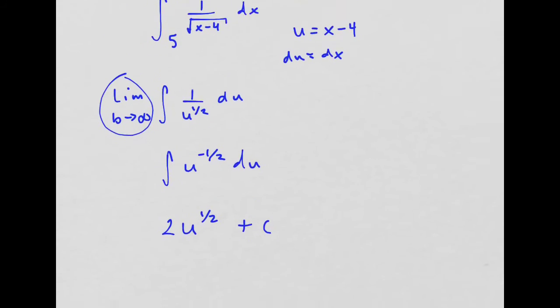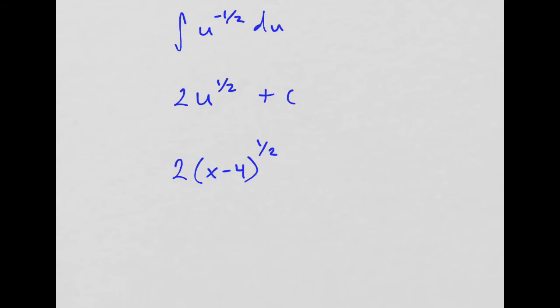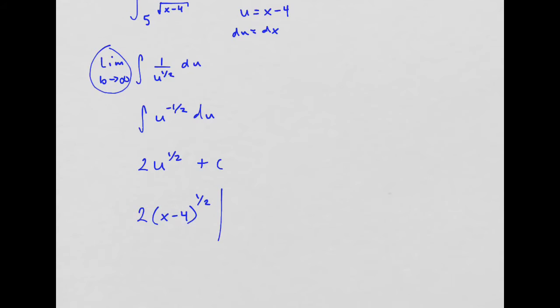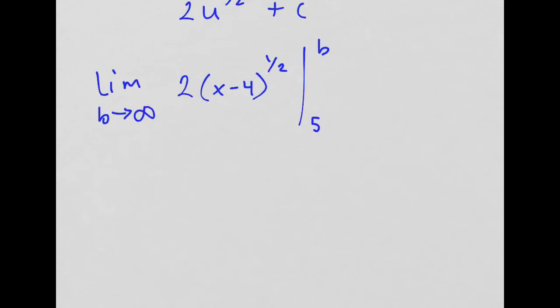So I'm going to put the x minus 4 back in. So I have 2 times x minus 4 raised to the 1/2. And now I'm going to put my limits of integration back, which were going to be 5 and infinity, but I'm going to change it to b and have the limit as b approaches infinity, because that's how I evaluate an improper integral.